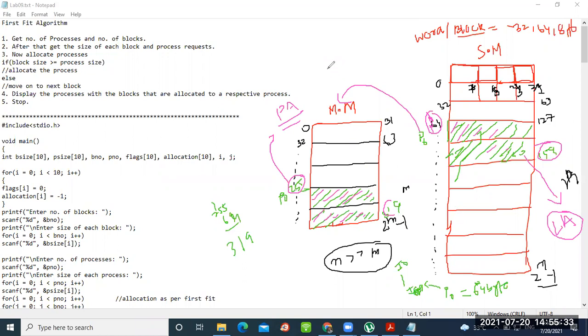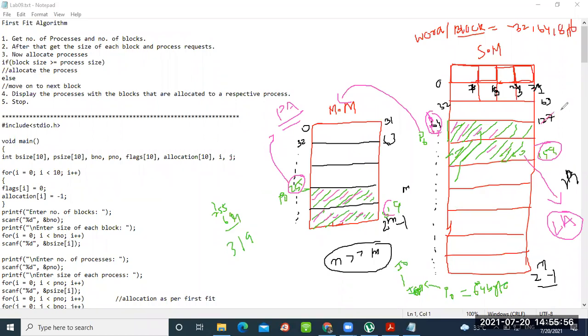Sir, yes. In secondary memory, is the size of all blocks the same or different? The size of all blocks will be the same. If I say it is 32, then the next will be 63, and then 63 plus 32 will be how much?